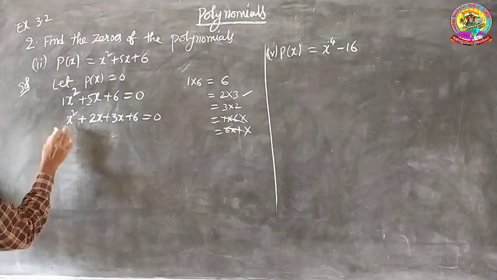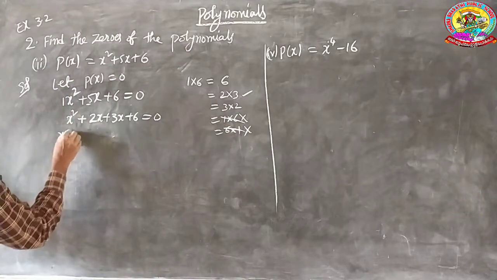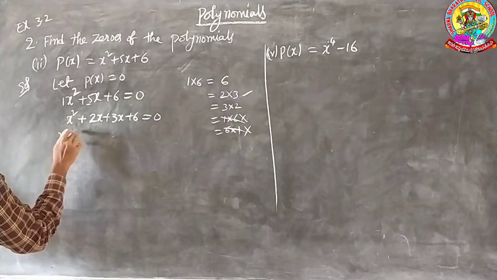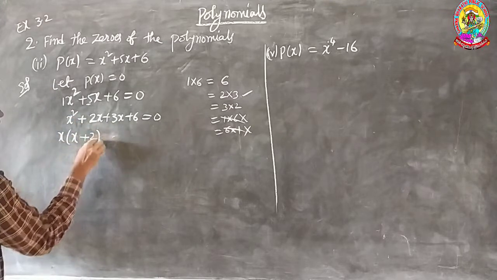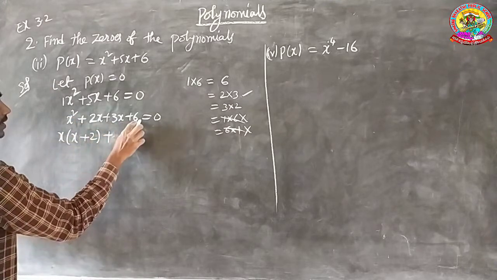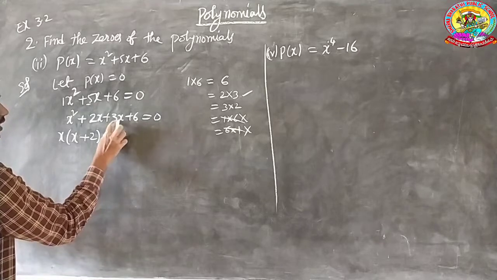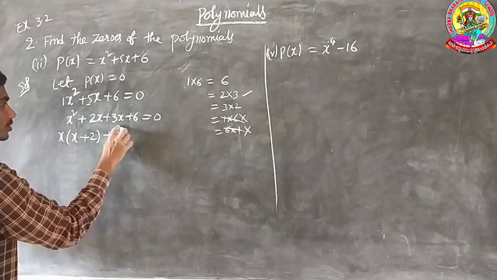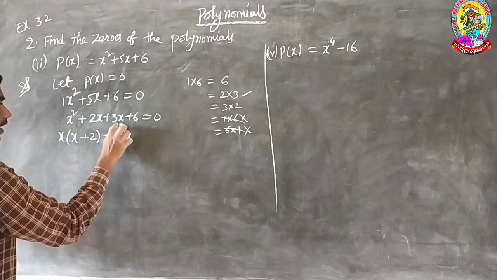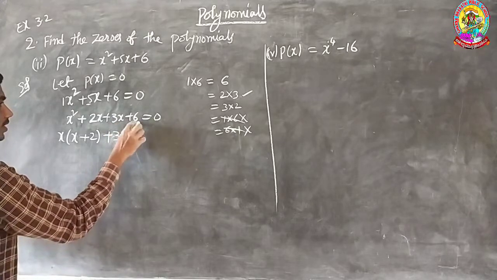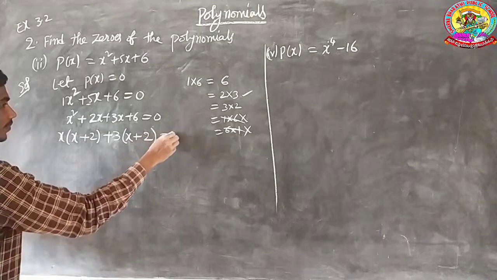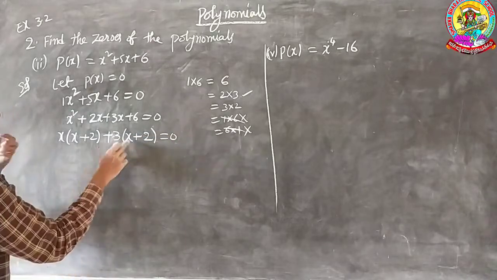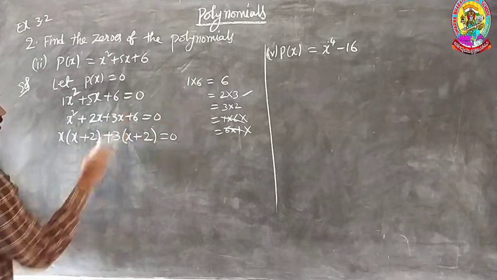If you take x as a common factor from the first two terms, in x square, x should be there, and in 2x, 2 should be there. Plus in 3x plus 6, if you take 3 as a common factor, in 3x, x is there, and in 6, 2 is left, because 3 into 2 is 6.